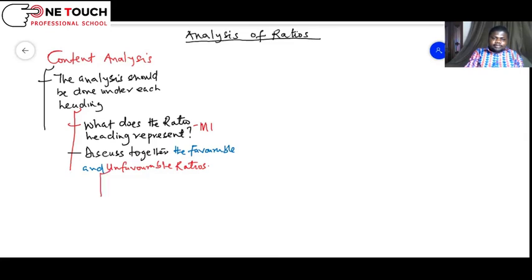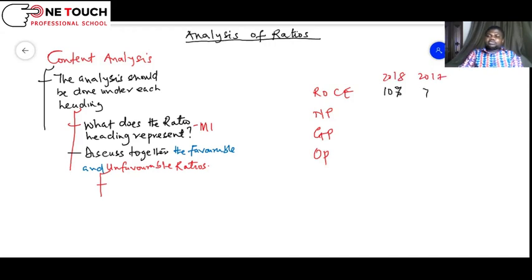How do you discuss them? Let's assume that you have rows under profitability: net profit margin, gross profit margin, operating profit margin, for 2018 and 2017. Let's assume this is 10%, this was 7%, this is 18%, this was 10%, this 35%, this was 38%, this 15%, and this was 18%.